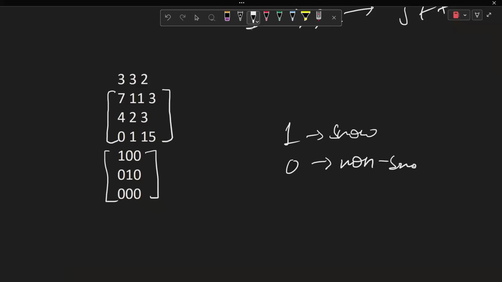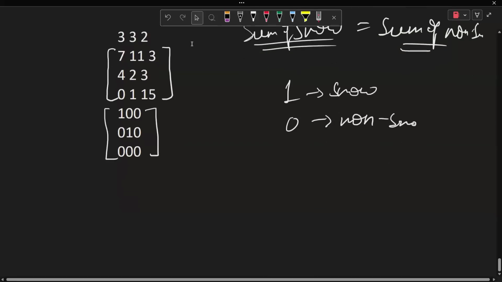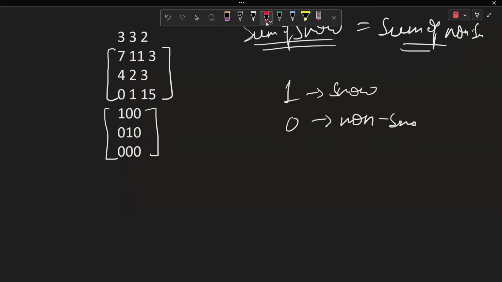Or if it was opposite, it doesn't matter. So what you want to do is make the sum of snowy equal to the sum of non-snowy. You can see I am marking the snowy mountains with red.